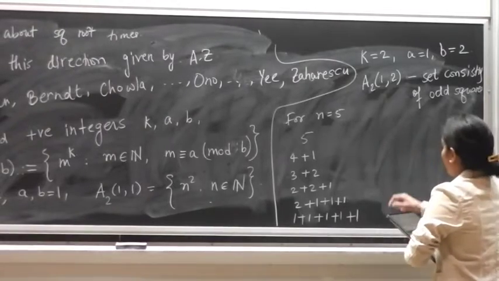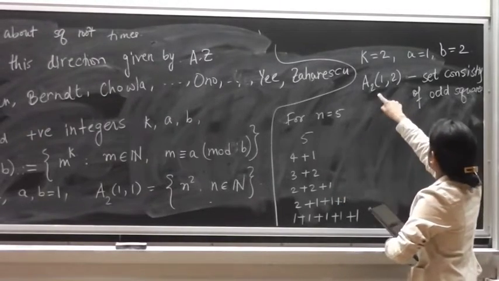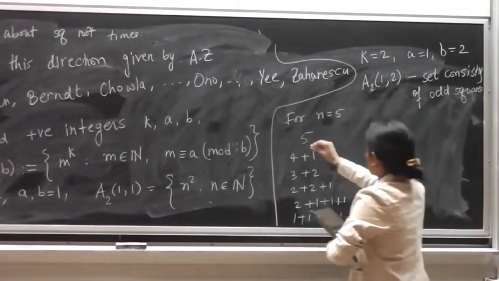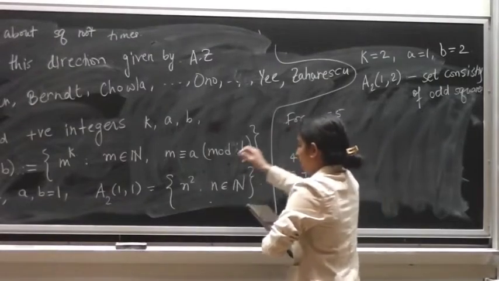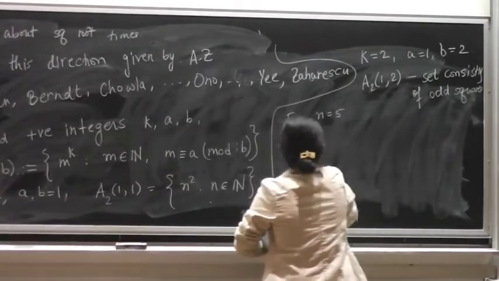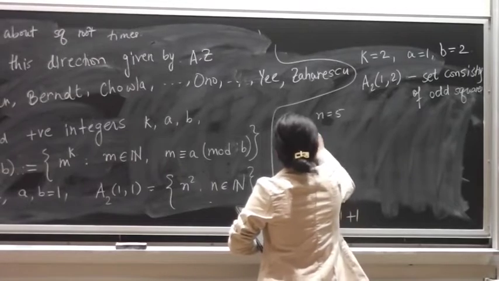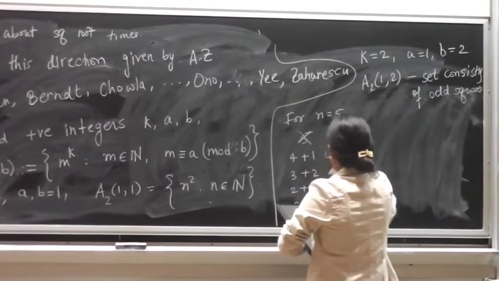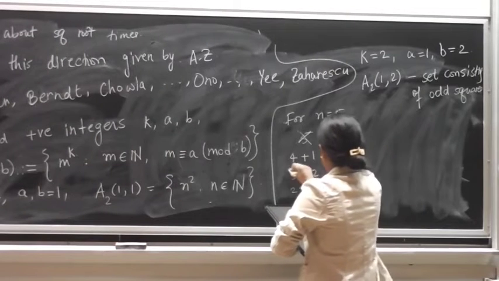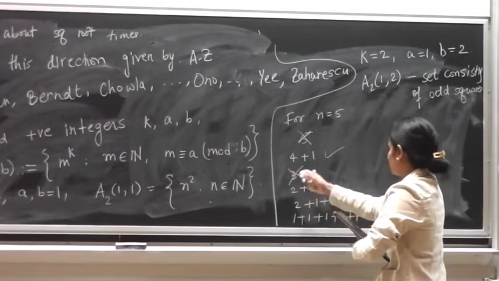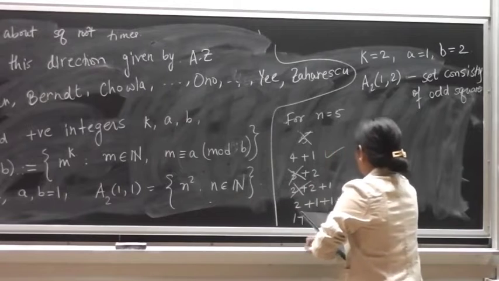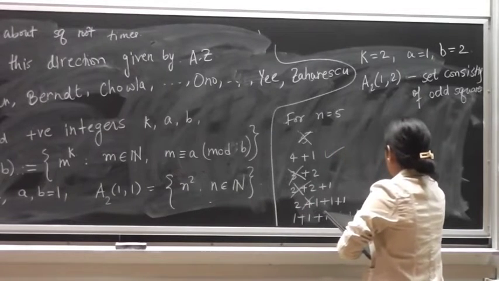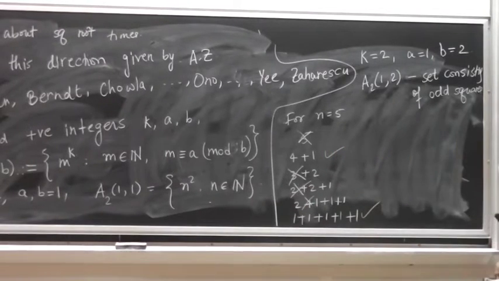Okay, so out of these, now we want squares which are odd. So 5 is not a square. This goes away. 4 is a square, 1 is a square, so this is good. 3 is not a square, 2 is not a square. We don't even need to look at the 2 because the first itself is not good. This is gone again, this is gone again, and you are left with only 2 partitions.